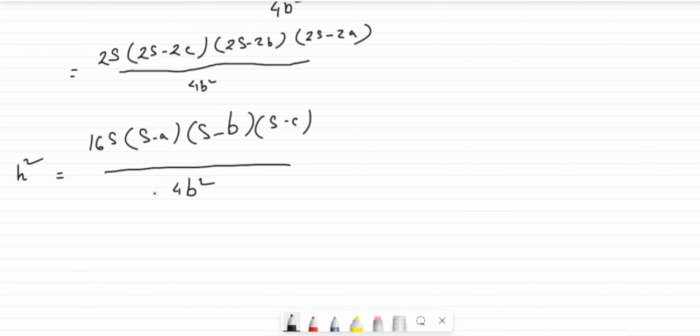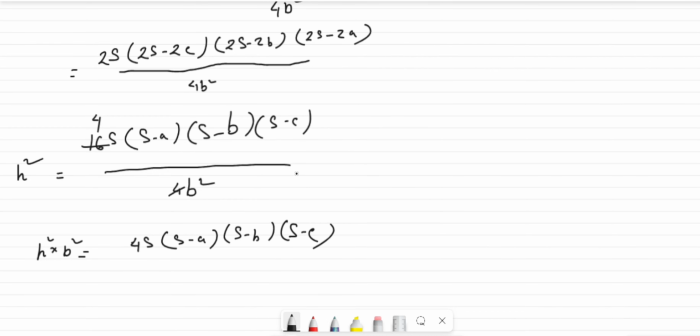So we can write it that way also: h square into b square equals 4s into s minus a, s minus b, into s minus c.